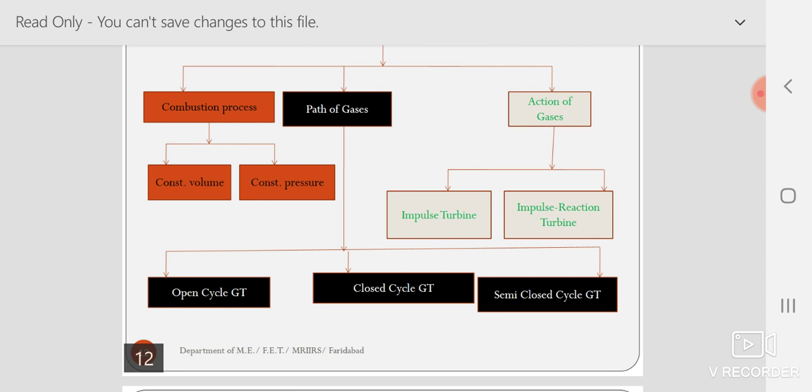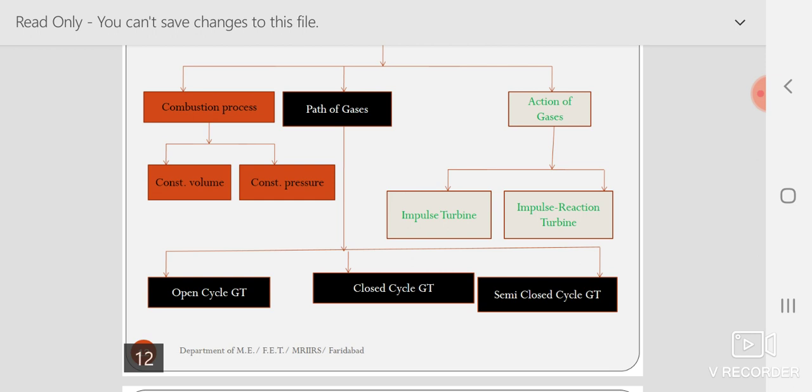This high temperature, high pressure gas enters the turbine and rotates the turbine blades, power is generated, and then it goes to the heat exchanger, where it rejects heat, and the same gas is recirculated through the compressor again.